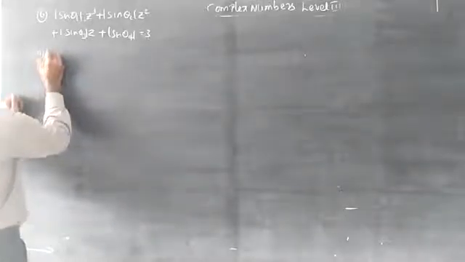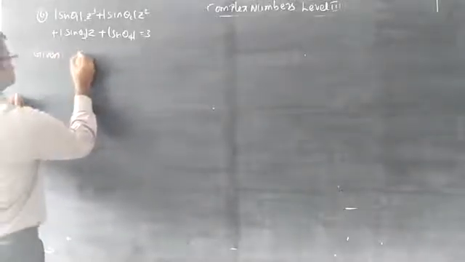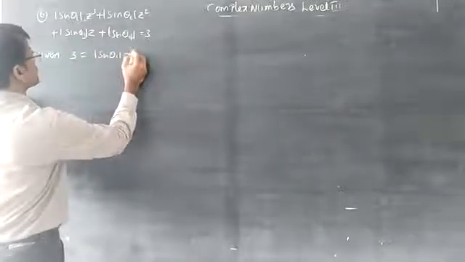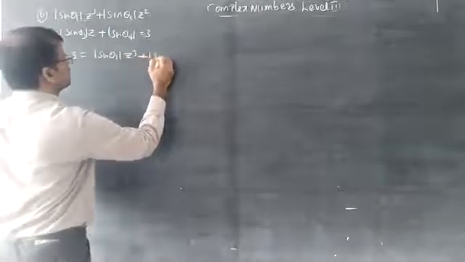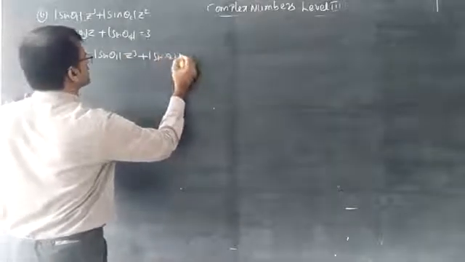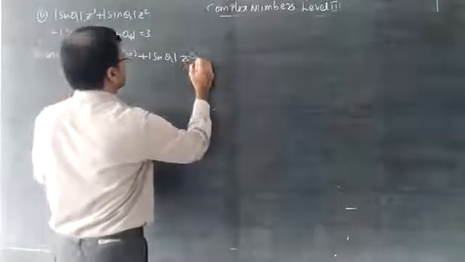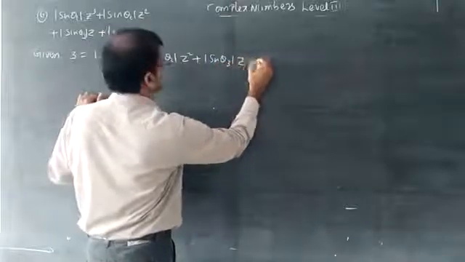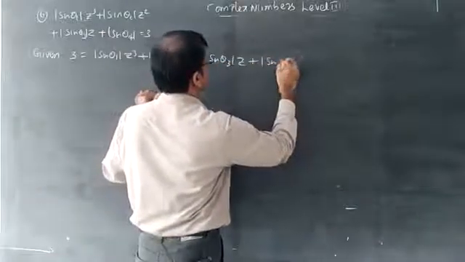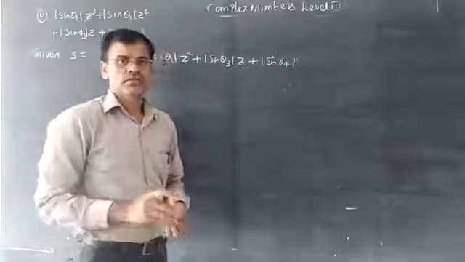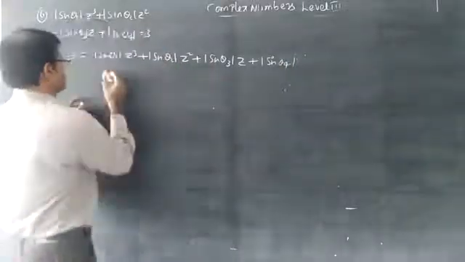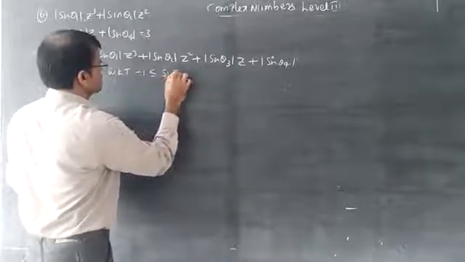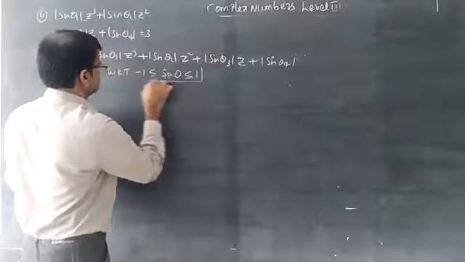Given, you write like this: 3 is equal to modulus of sin theta 1 into z cube, plus modulus of sin theta 2 into z square, plus modulus of sin theta 3 into z, plus modulus of sin theta 4. We know that minus 1 is less than or equal to sin theta is less than or equal to 1.